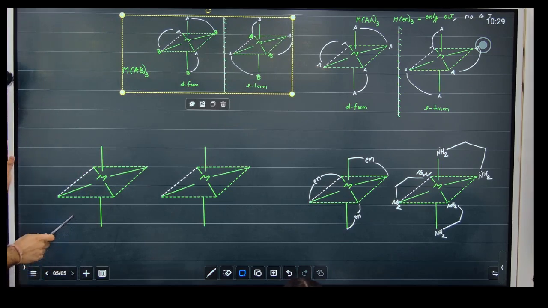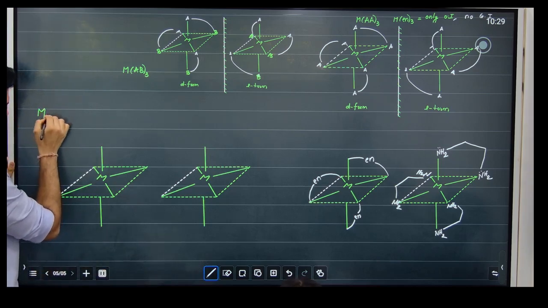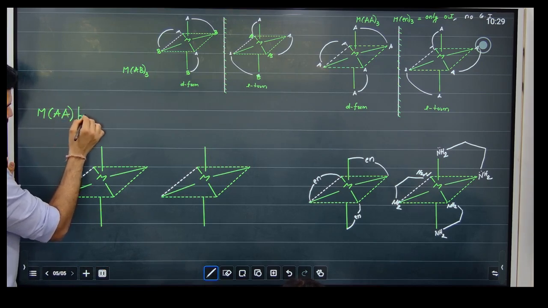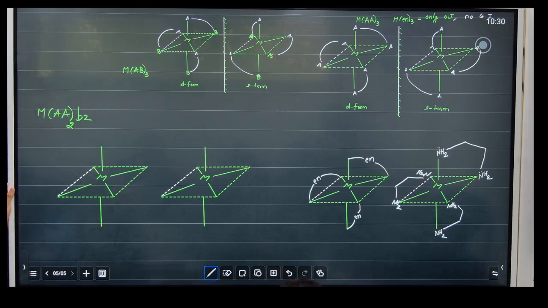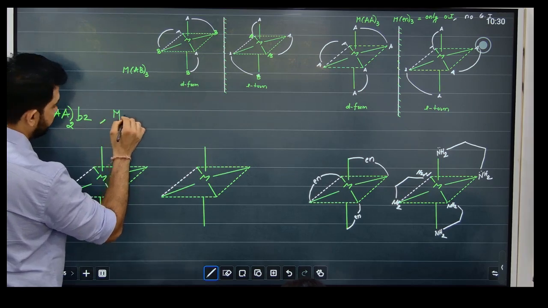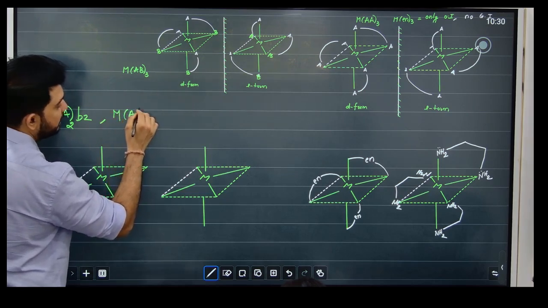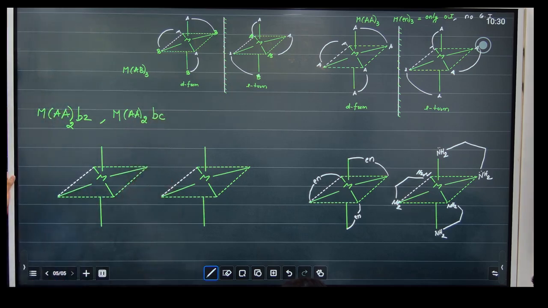I want to reach coordination number 6. So, I can next have M, AA to B2. Then I can go ahead with M, AA to BC.